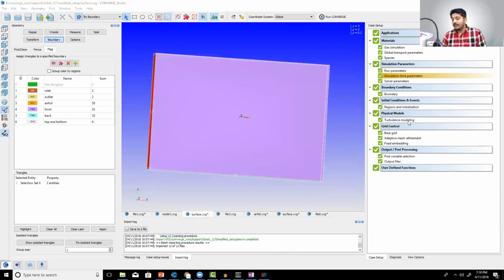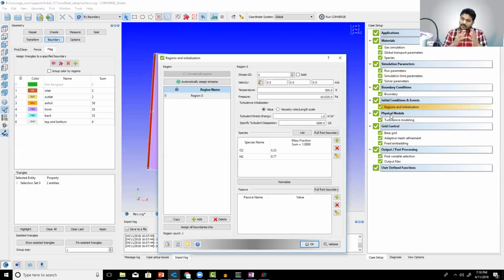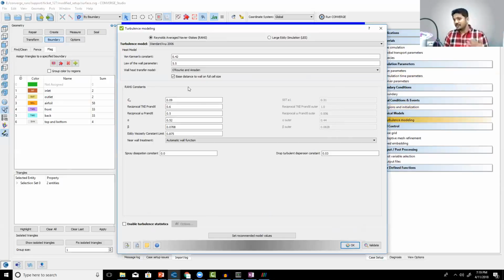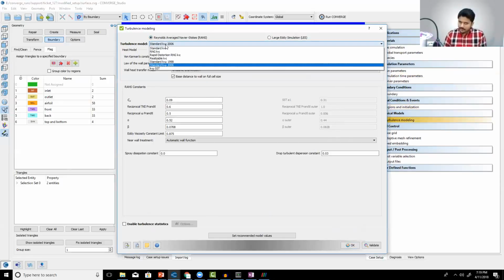All right. So then, like I said, we assign boundary conditions and then we assign initial conditions. These two concepts are something that you do for any partial differential equation or ordinary differential equation that you solve, correct? So you set that up, and then comes your turbulence model. This is where there are so many models.